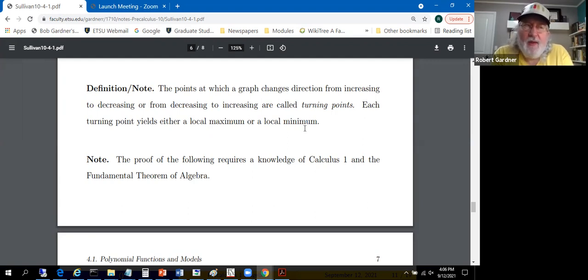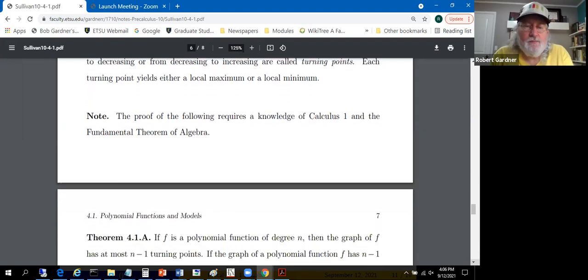All right. We don't have a way of finding where these turning points are. One of the biggest applications of Calculus 1 will be to find where these turning points are, to find where local maxes and local mins are that we've mentioned already in the past. For us, we'll be able to tell a little bit about how many turning points there are based on the x-intercepts.